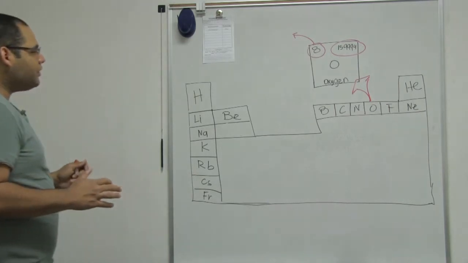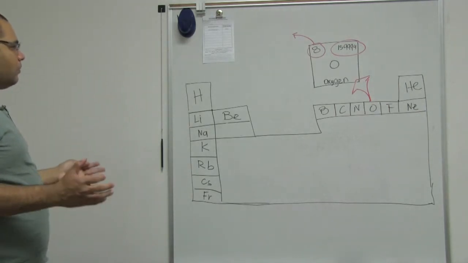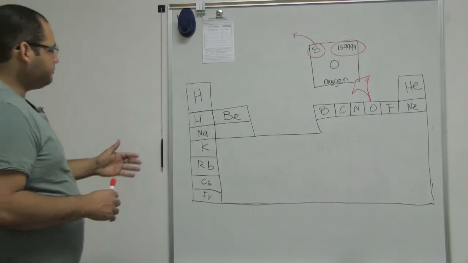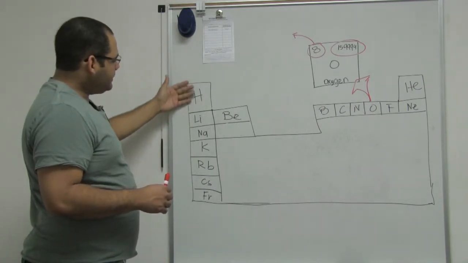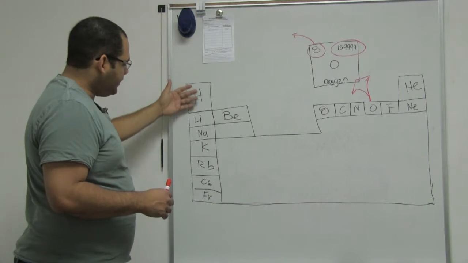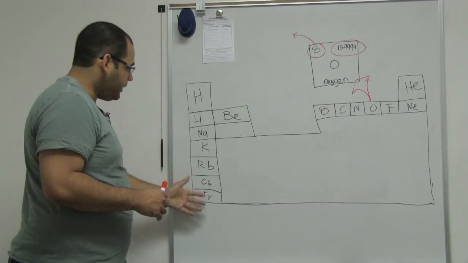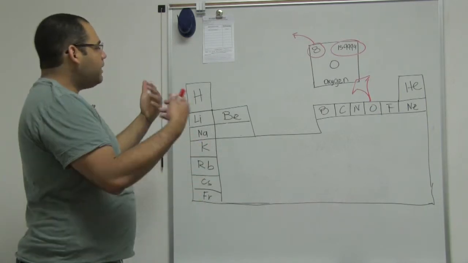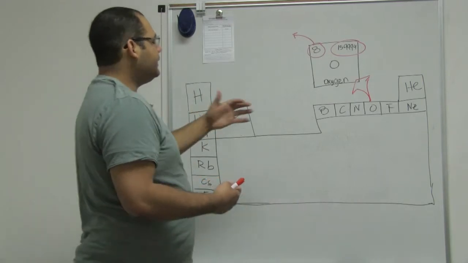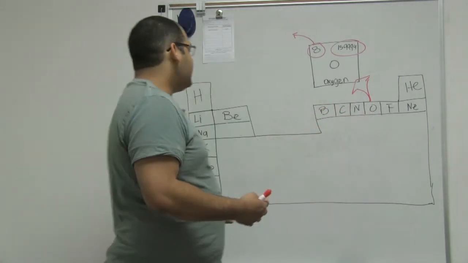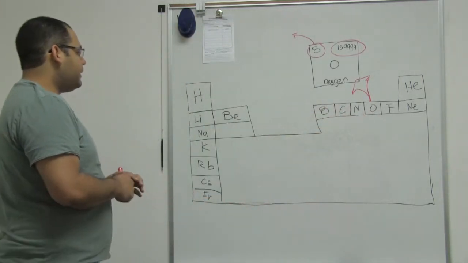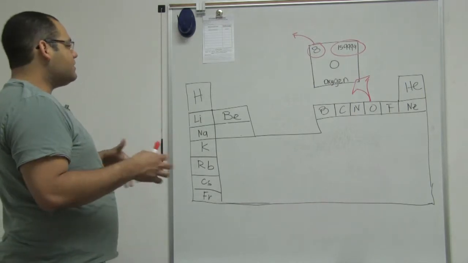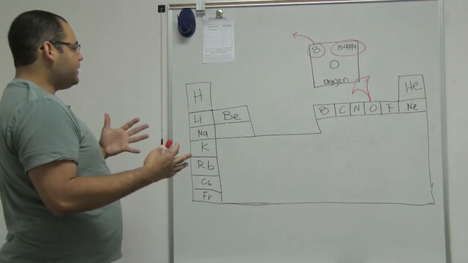Is it important to know that? Yes, it is. Why? Because once I know that these elements are organized with similar physical and chemical properties, when they combine with elements from this side here making ionic compounds, they will have a similar way to connect.